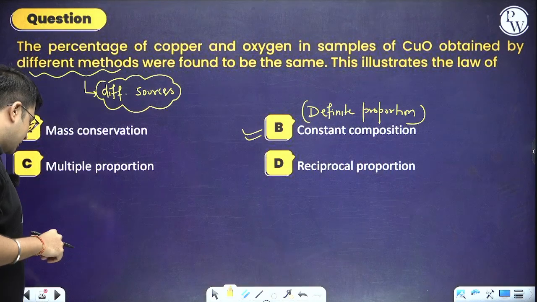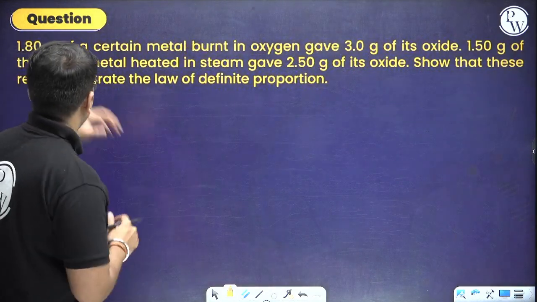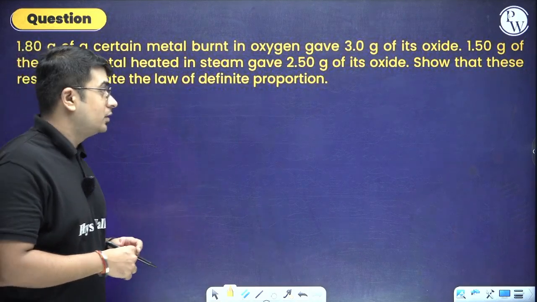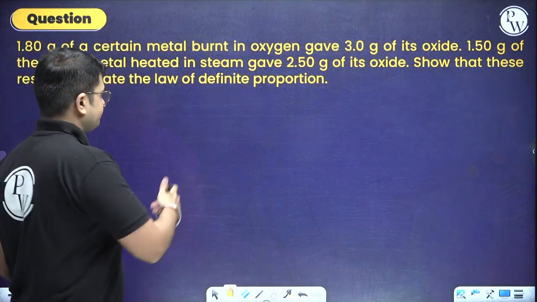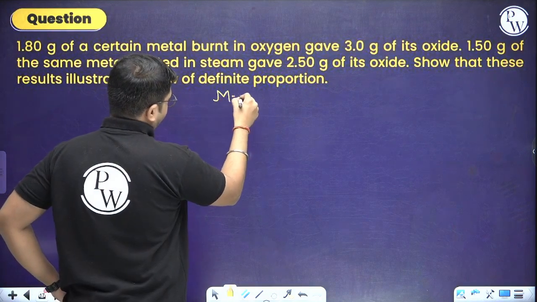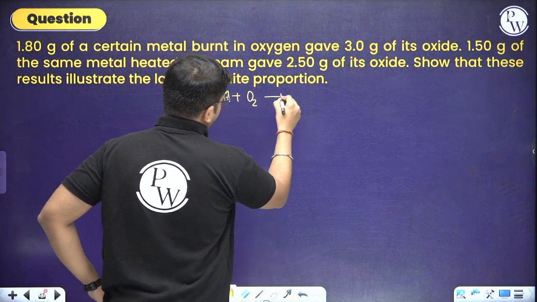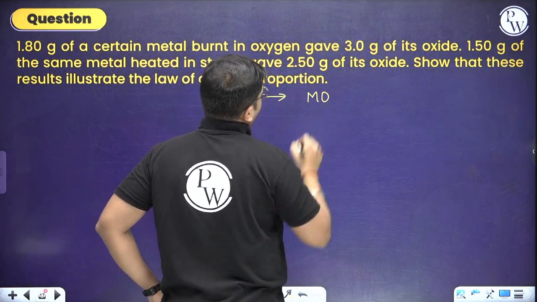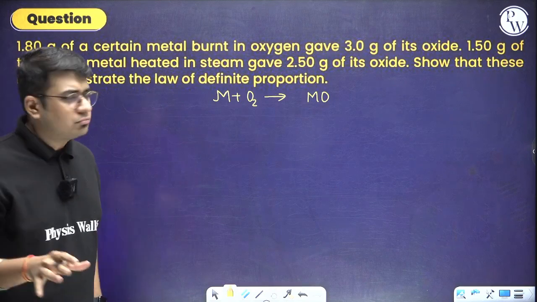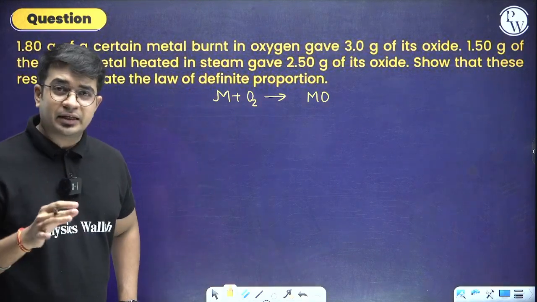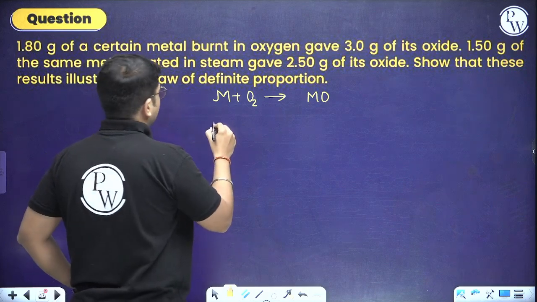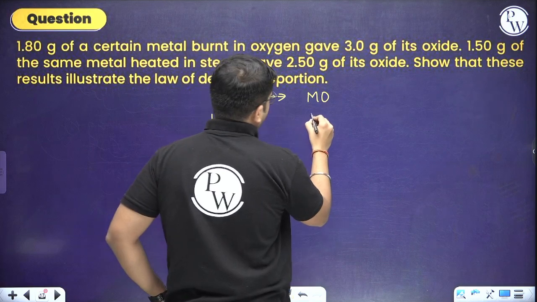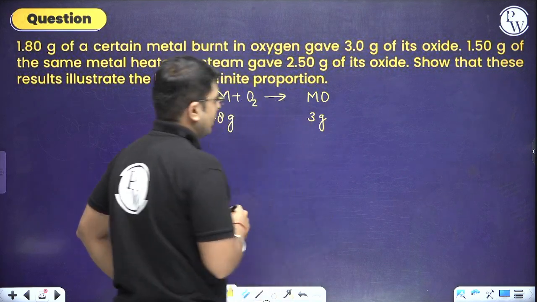Very simple question. Next part: 1.8 gram of a certain metal burned in oxygen gave 3 gram of its oxide. No issues. So we have a specific metal which is combining with oxygen. Let's say I'm taking MO. It may not be MO, you can take anything, but for simplicity, I'm taking it as MO. So I'm taking 1.8 gram of this metal and 3 grams of this MO is going to be formed.